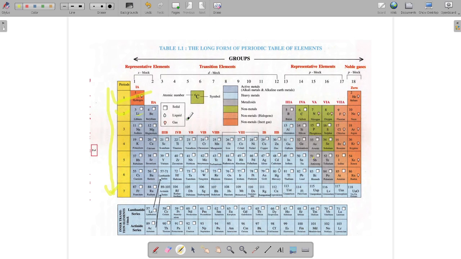So we can remove it easily. So the ionization energy will decrease as the size increases, and the nuclear charge doesn't have an effect on the outermost shell. So it will decrease down a group.